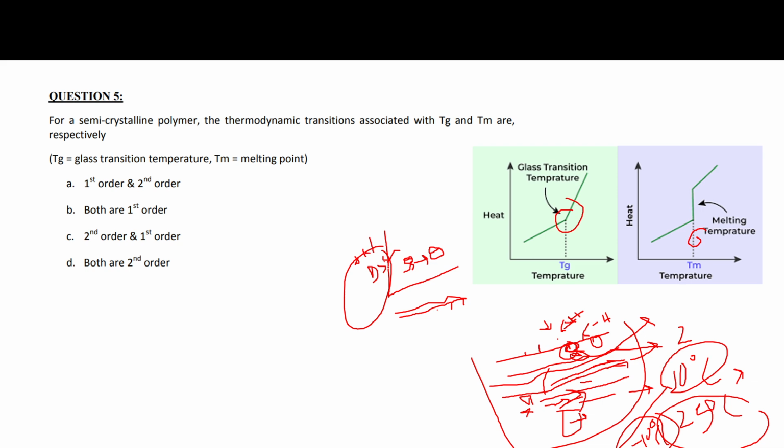Between these enthalpies we get a plot, del H versus temperature. At the temperature where there is a straight line shift, we call that the Tg temperature.